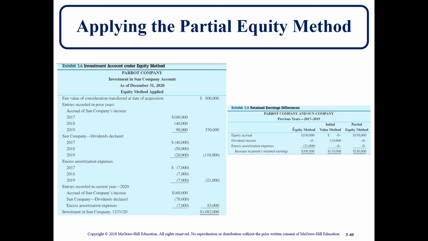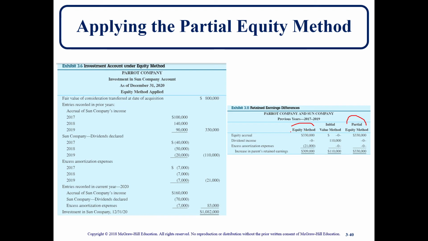So if we look at the equity method, we looked at the initial value method in the previous presentation, but here we're concentrating on the partial equity method. And we're looking at retained earnings of parent company. This net amount, the net income less the amortization for the 3 years from 2017 through 2019, has rolled over to retained earnings.